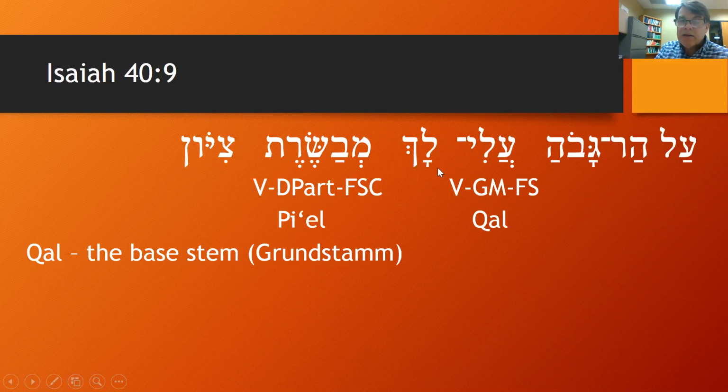Okay, lach. What is lach here? Lach is a lamed, which means to, and a kaf, which means you. And the you, a kaf with a shva in it, this two dots up and down is a shva. So the kaf in this situation is a feminine you, a singular feminine you. So everything matches.